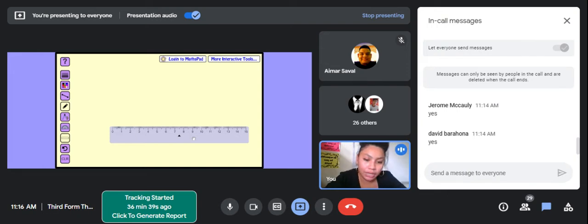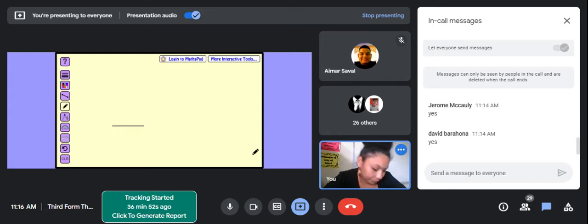Line AB is 3.5. And then I'm going to label this A and this B.